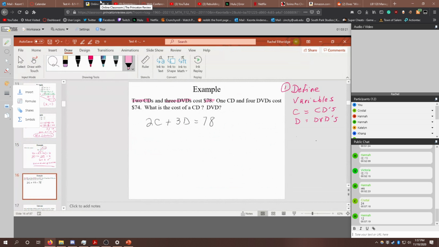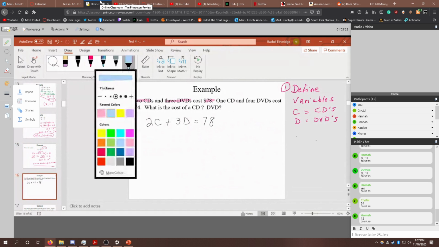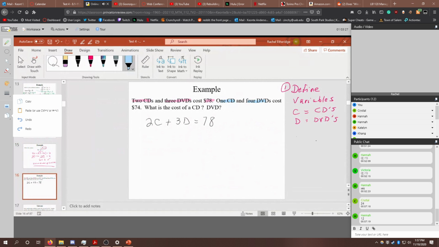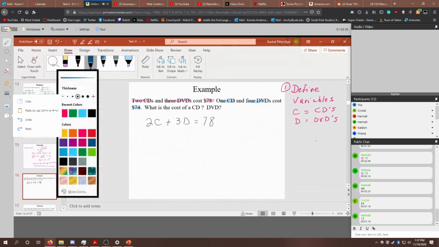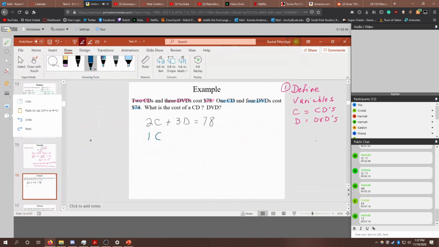And then the second equation tells me 1 CD and 4 DVDs cost 74. So 1 CD plus 4 DVDs equals 74.